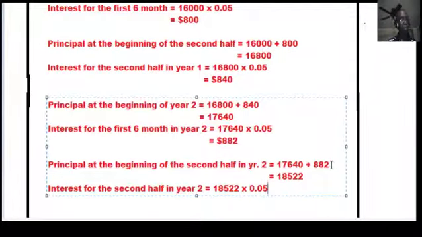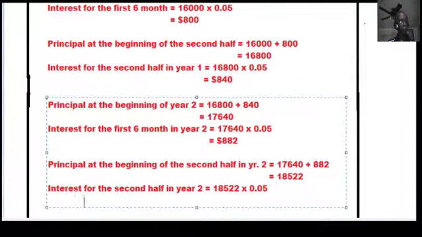Interest for the second half in year 2 equals 18,522 times 0.05. This equals $926.10.